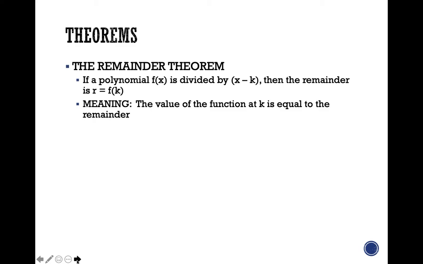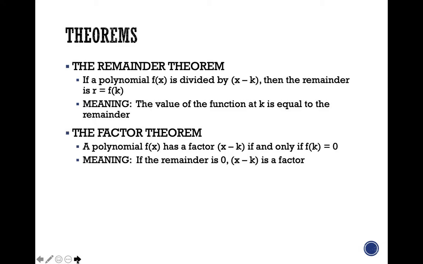The other theorem that's going to be important to us is what's known as the factor theorem. If we plug in k, that's f of k, and that gives us the remainder. Well, we need to think about what if we plug in k and what we get out is 0? What that would mean is whatever we just used for k in our synthetic division, we've just found a 0 of that function.